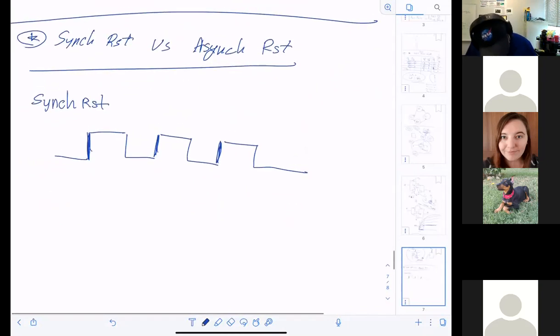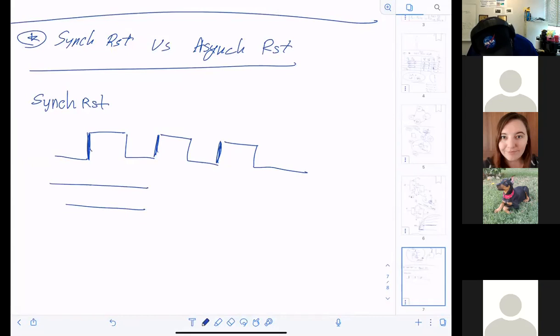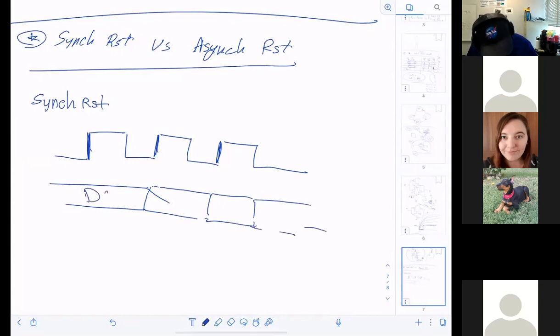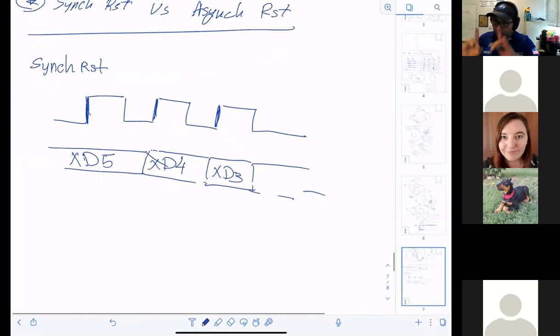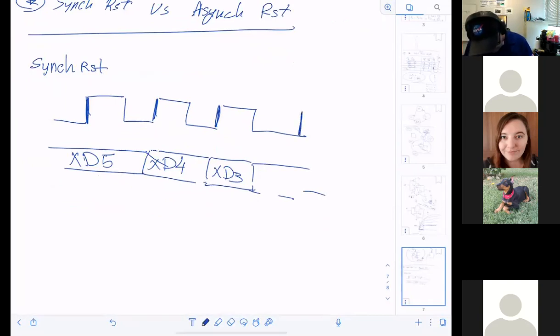Right? And here is my input, which is basically a set of data. Let's say D5, D4 hexadecimal, D3, and I go ahead like this.